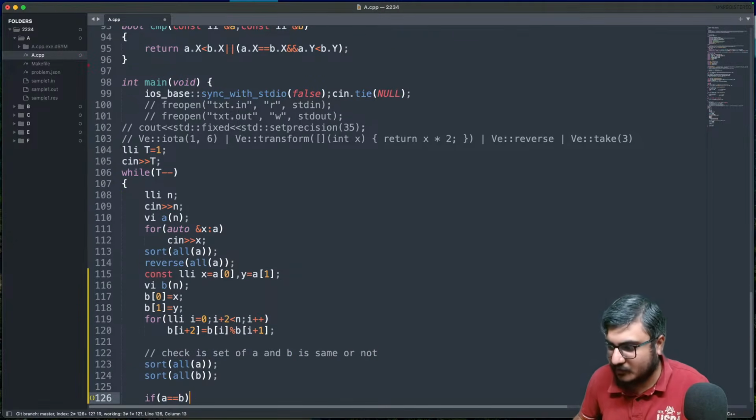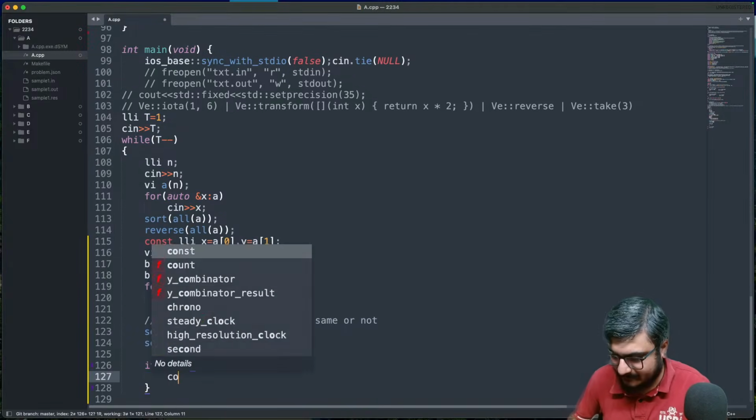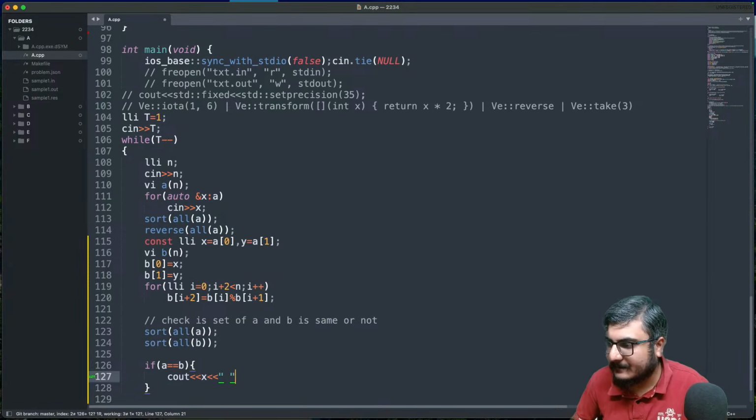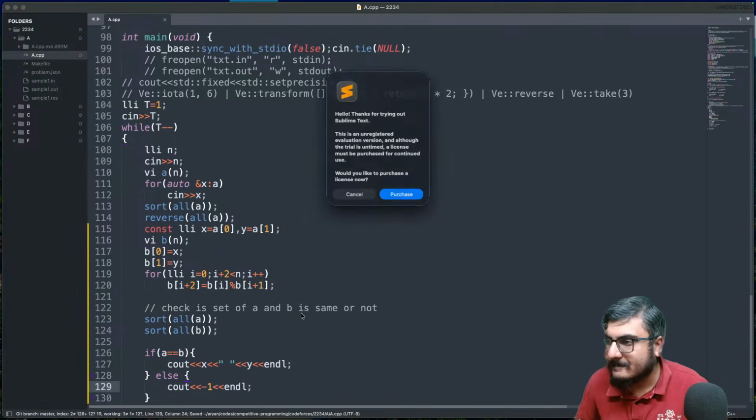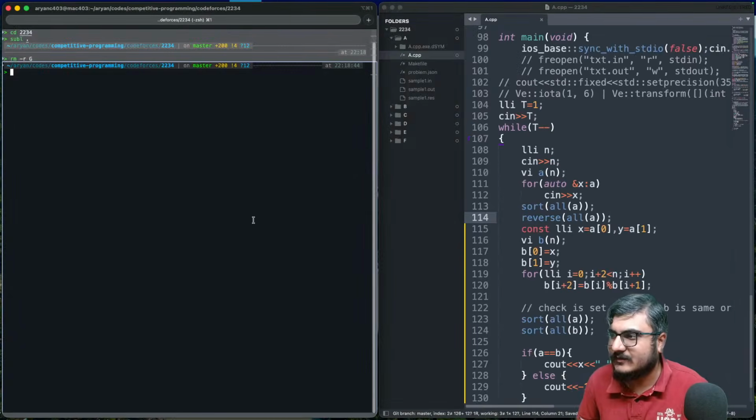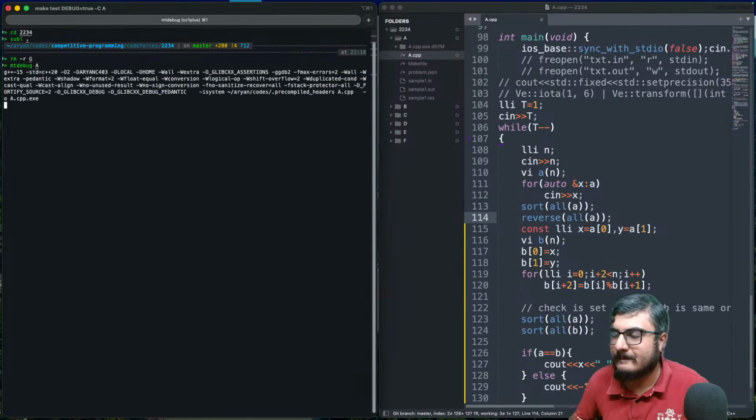So if A equals B, I have found my X and Y. Else I should print minus 1. And this is problem A, everyone. Any questions, anyone?